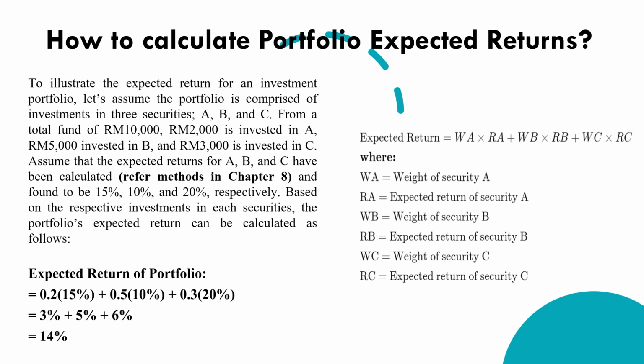So the basic expected return of portfolio formula involves multiplying each security's weight in the portfolio by its expected return, and then adding all those figures together, as shown in the example in this slide. You multiply the weight of security A with the expected return of security A, add the weight for security B multiplied with the return from security B, and so on.